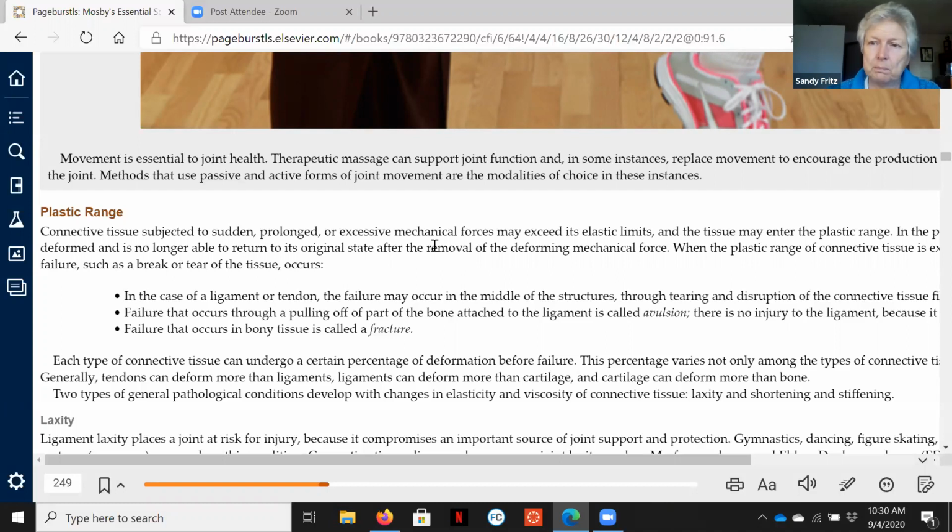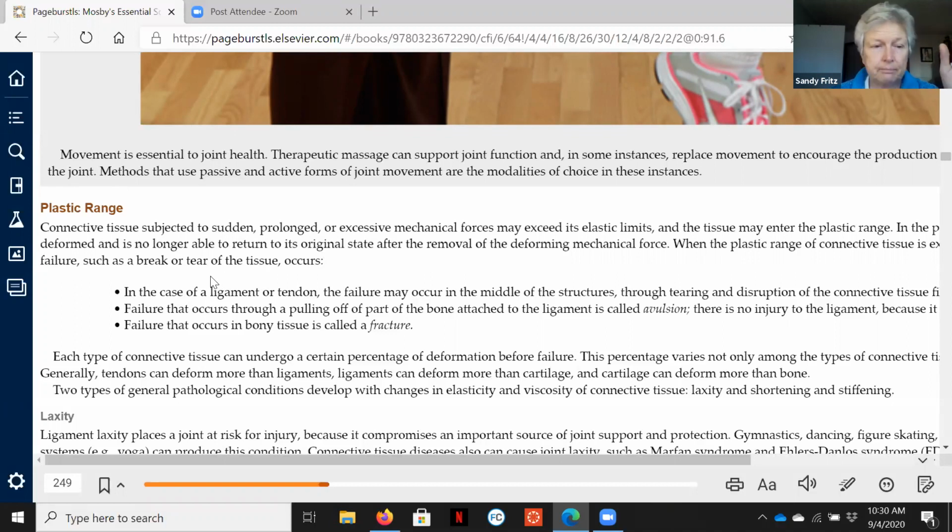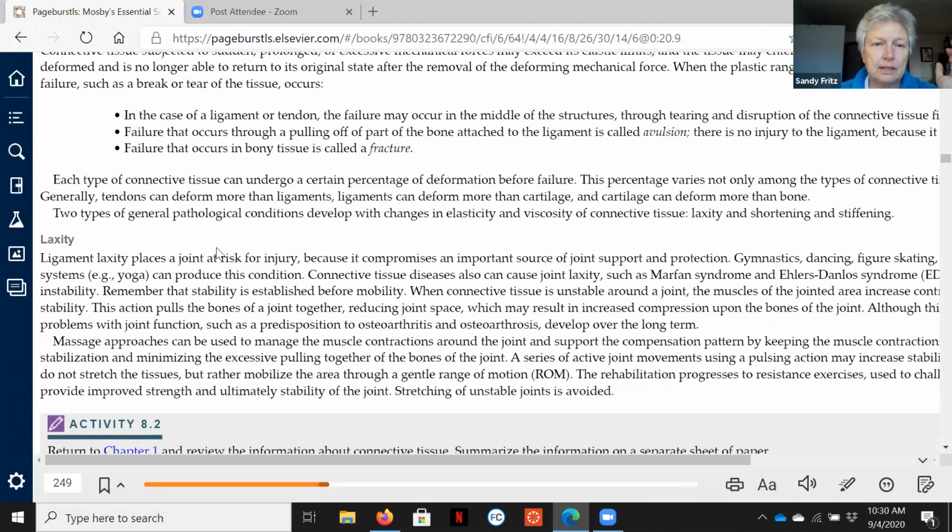So if you get a sprain where a ligament has frayed, you've entered the plastic range there, and it's caused a tissue injury. And laxity is too much, and over an extended period of time, ligamentous type structures can deform and lose their elasticity.